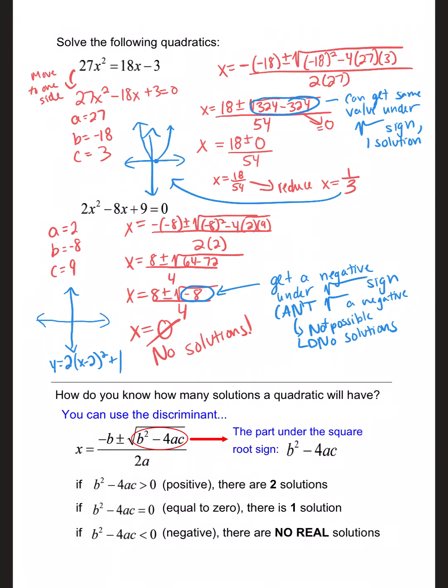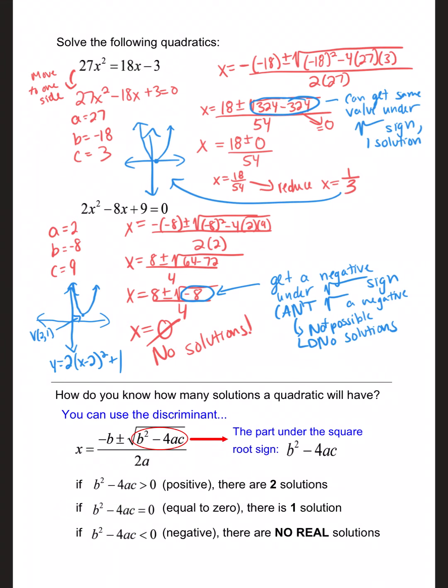So we can see from that our vertex is 2, 1, and it opens up because my a value is positive. So when our vertex sits above the x-axis like this at 2, 1, then it never crosses our x-axis. There's no solutions, right? Solutions are just those x-intercepts, and sometimes quadratics don't have any x-intercepts. So that's what that means when you get a negative under your square root.